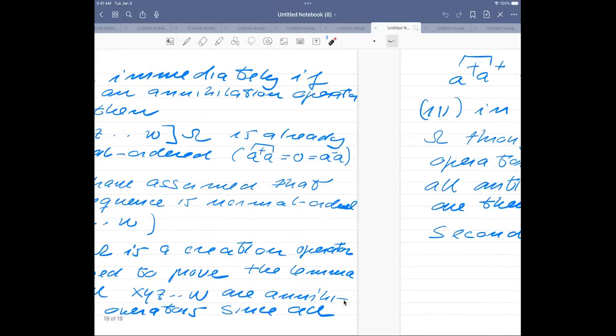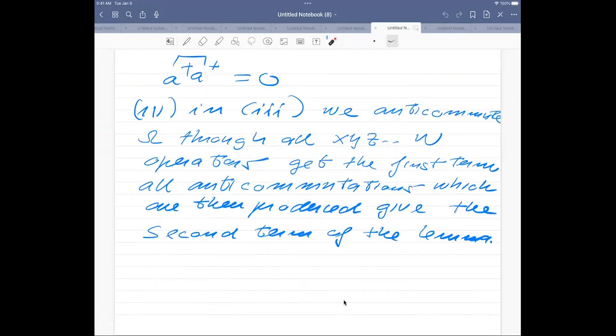So we need to prove it in case they are annihilation operators. And in that case, what we do is anti-commute it through all the x, y, z, w operators, and then they get the first term, and then all anti-commutations which are produced give the second term of the lemma. So let's see that with some simple examples.